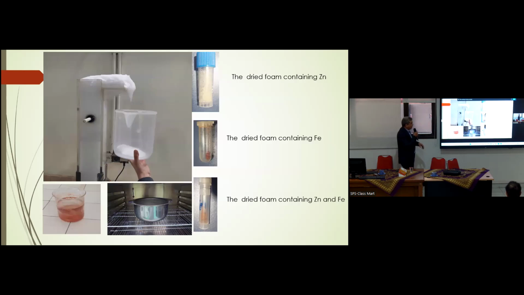And after flotation we can recover the foam. In the foam, we have the metal, because the metal was in the solution, and I put the collector and the bubbles and it floats in the foam. I can dry this foam in our oven at 100 degrees, for example.